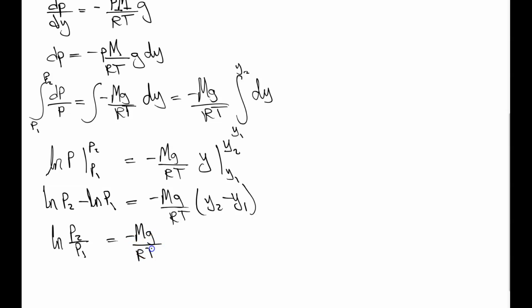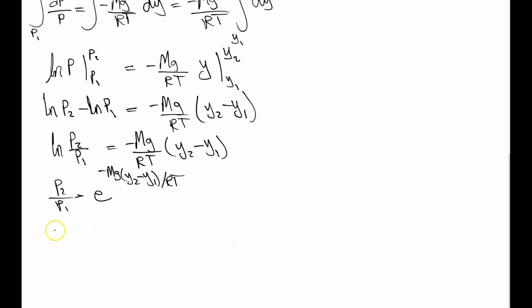So the next line is natural log of P2 over P1 equals minus mg over RT times Y2 minus Y1. Now we take the exponential on both sides, which means that P2 over P1 equals e raised to the minus mg times Y2 minus Y1 over RT.